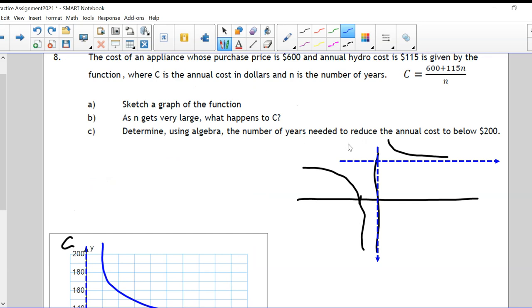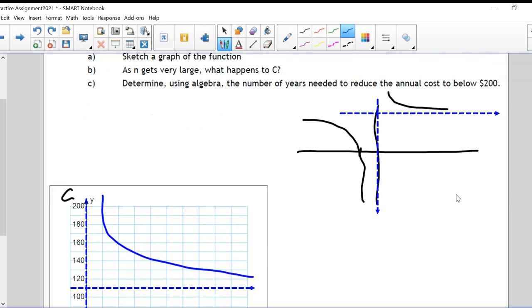Jerry, you want to tell us what? Okay, so it has to be less than, because you said you want that cost to be below 200. So we'll go ahead and write that and we will solve that inequality.